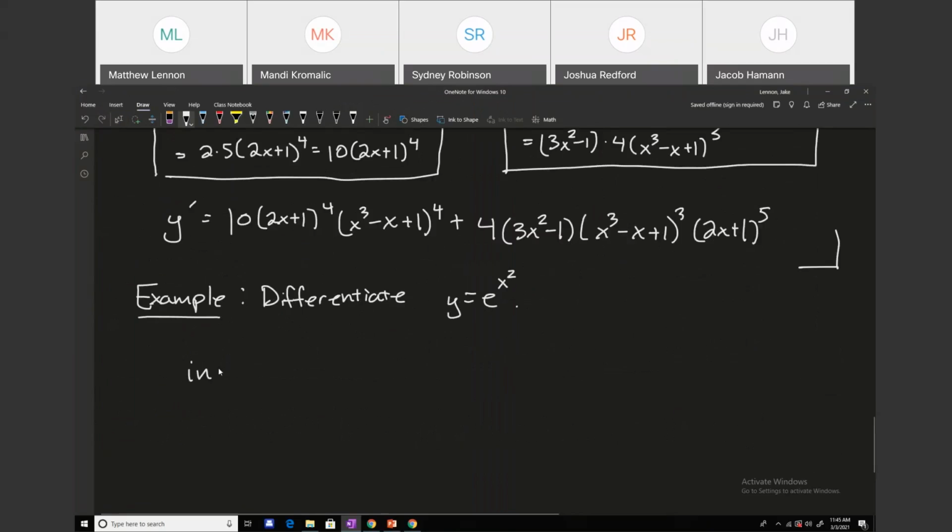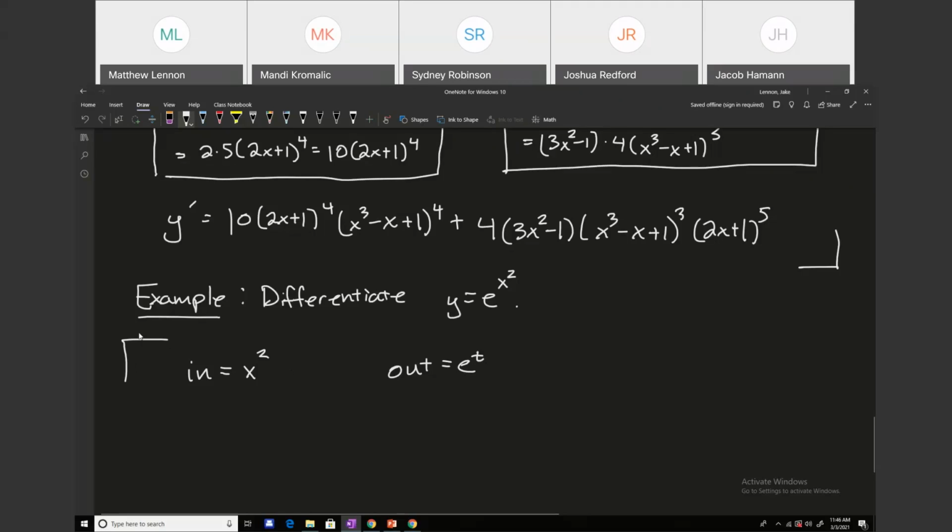So our inside here will be the exponent, the x squared, and our outside would just be e to the t. So notice that if you plug the inside back in for t, you get exactly what the original formula for y is.